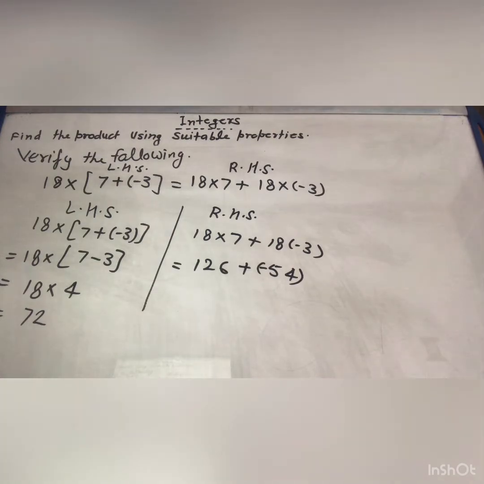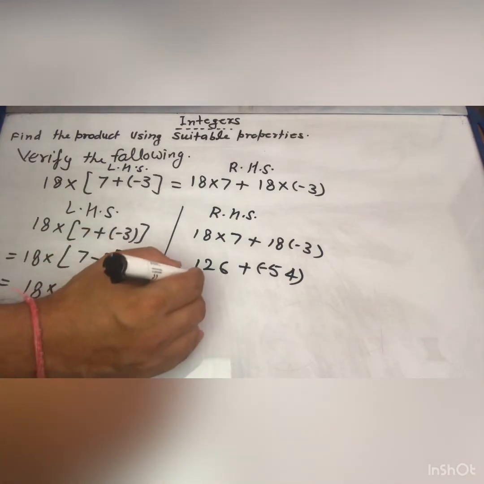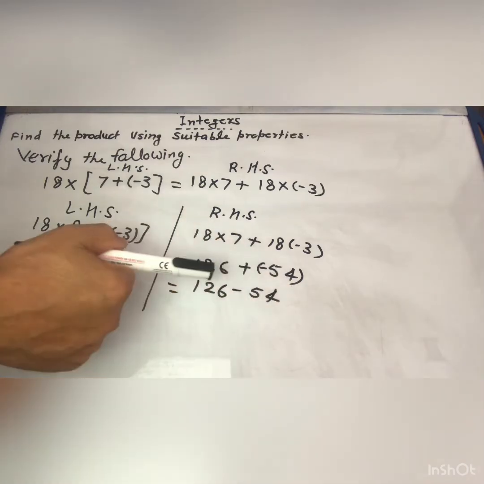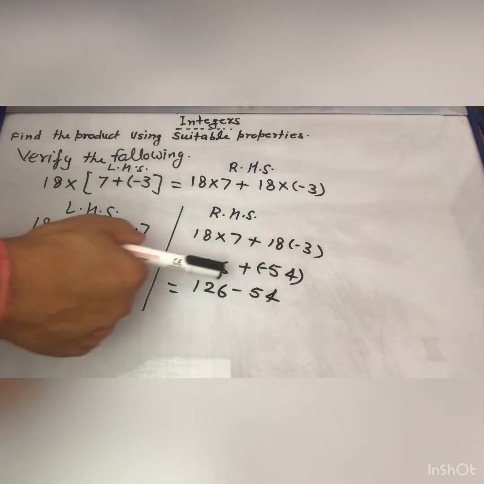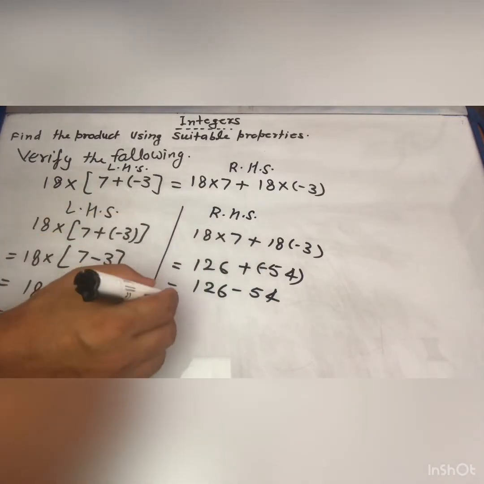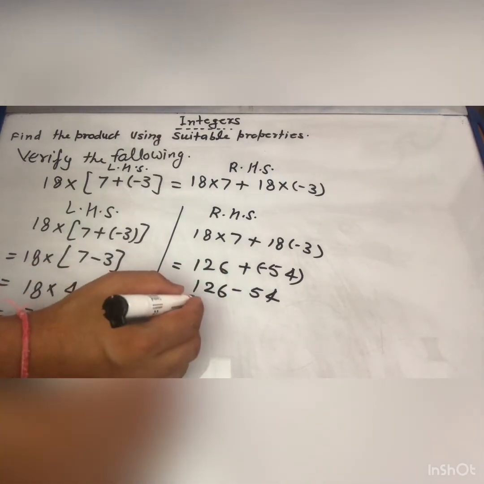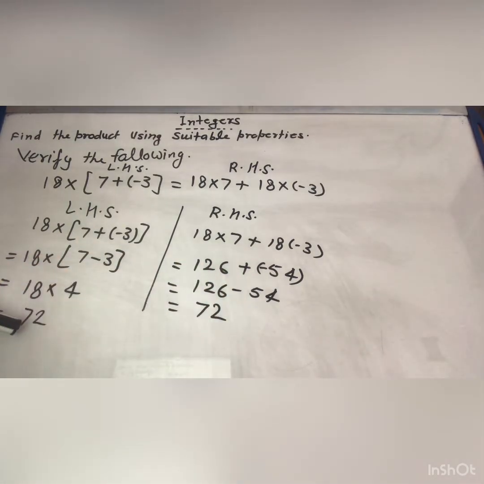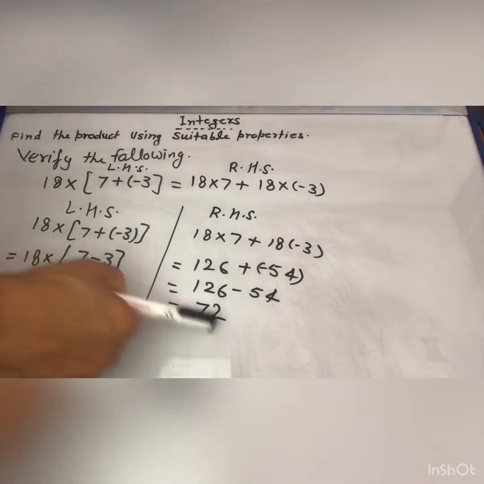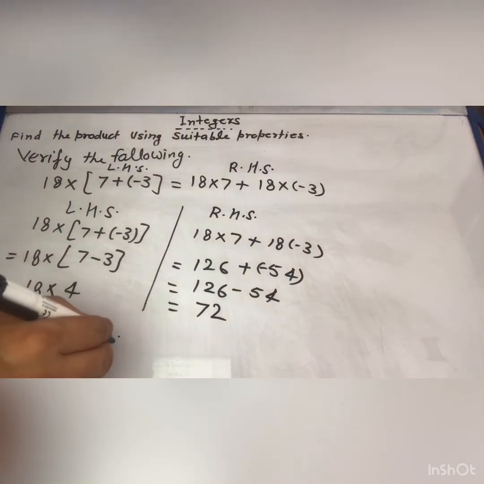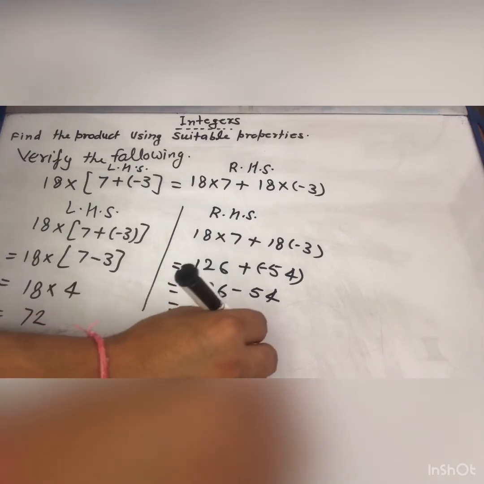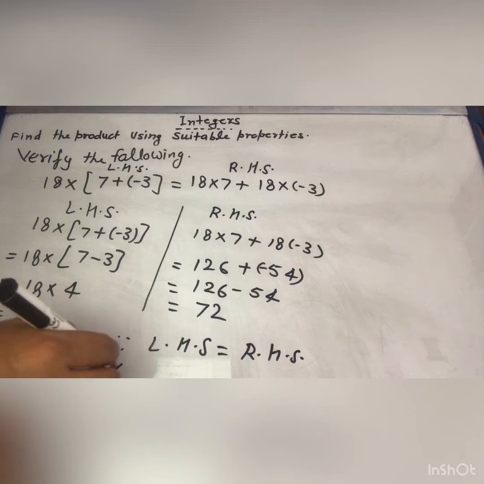Again, plus and minus means minus, because I already told you that the multiplication of plus and minus is always minus. So here is the minus sign, and 126 minus 54 is 72. So you observe the result of left hand side and the result of right hand side. Both results are equal. So you will write here, therefore since left hand side equals right hand side, hence verified.